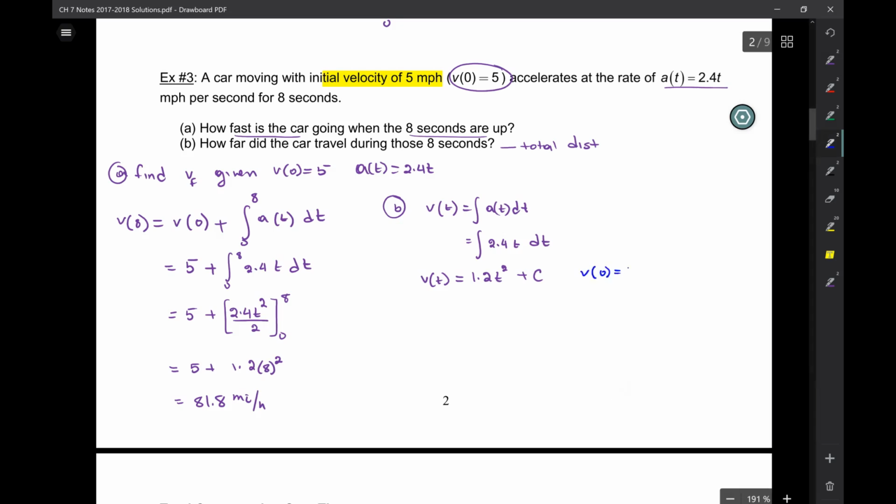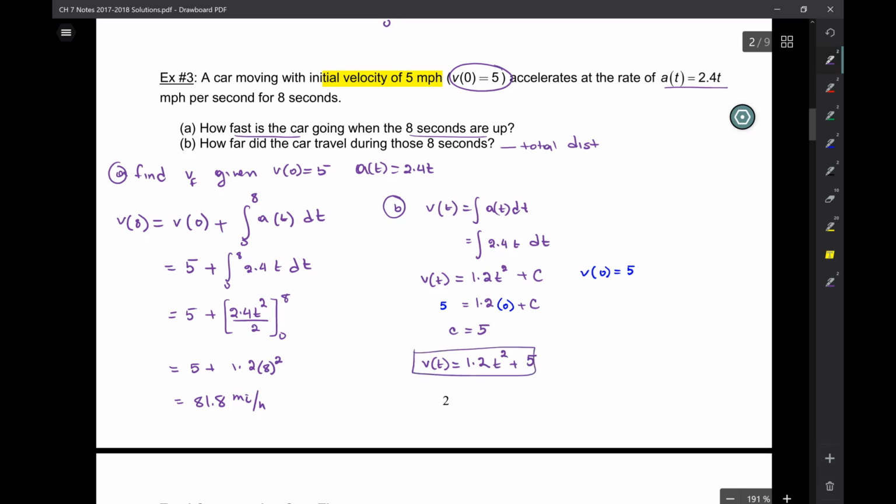V of 0 is equal to 5. So 5 equals 1.2 times 0 plus C. Well, 0 squared is still 0. So C is equal to 5. So V of t is 1.2 t squared plus 5.